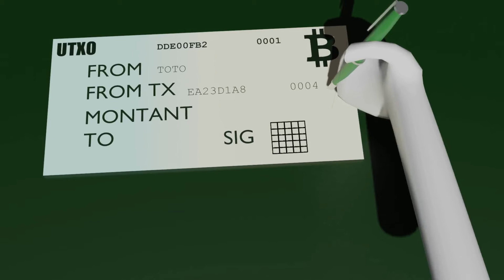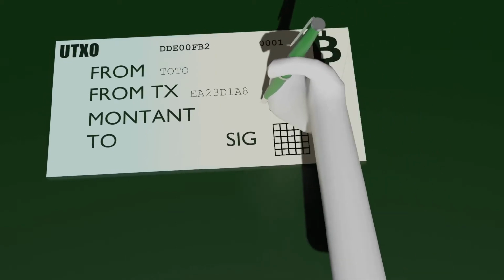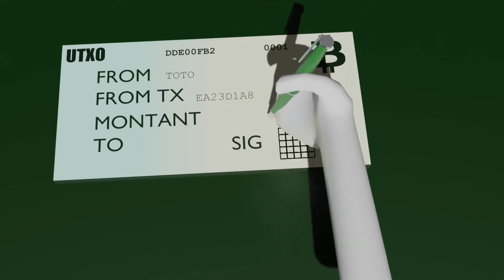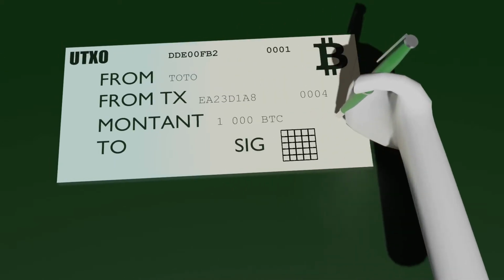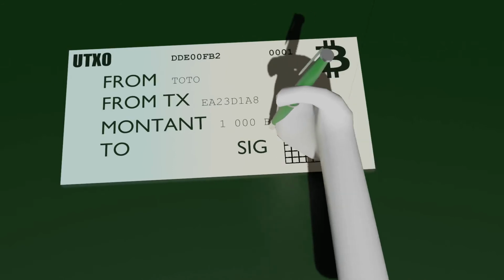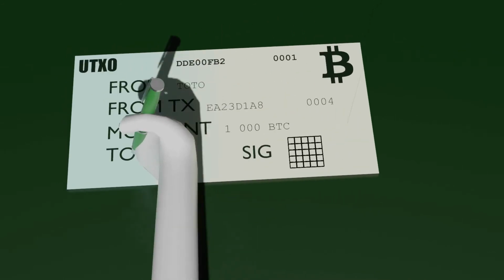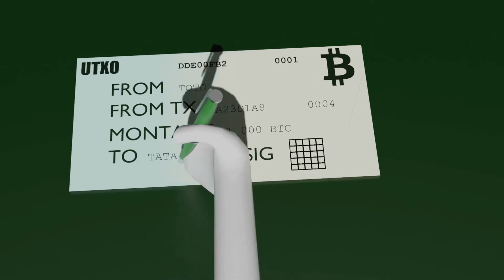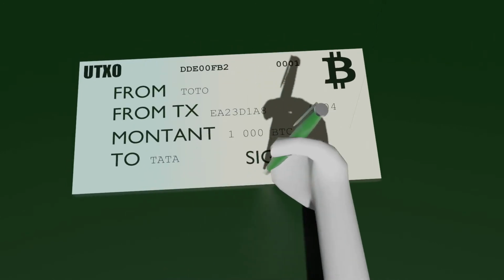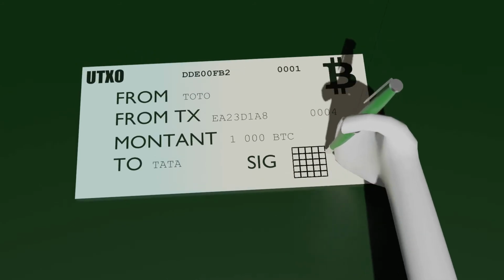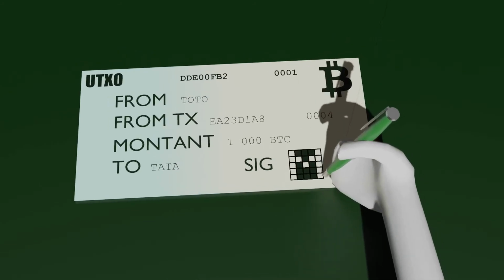Then he will fill in the ID of the check he is drawing Bitcoins from. Next, he will enter the amount to be paid, in this case 1000 Bitcoins, followed by the public key of the receiver. Finally, Toto will sign his check with his private key.